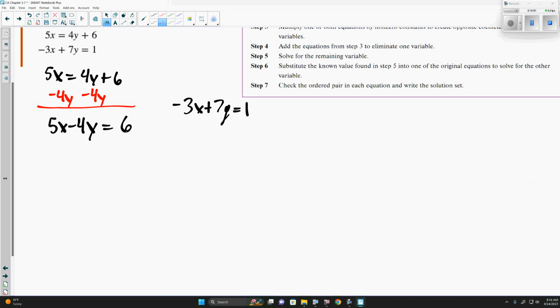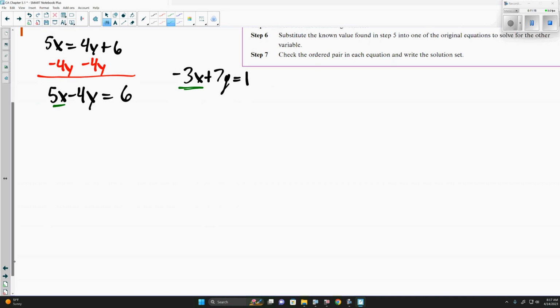Now, for us to be able to eliminate something, we need one of the variables to match. We need to pick one of the two variables to eliminate first. So we're either going to eliminate x first or y first. And it doesn't matter which. Here we can eliminate x. And to eliminate x, we need the numbers in front of x to be the same. Now, I'm not too focused on the sign.